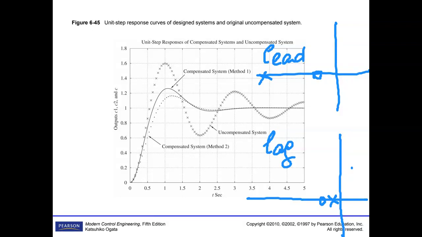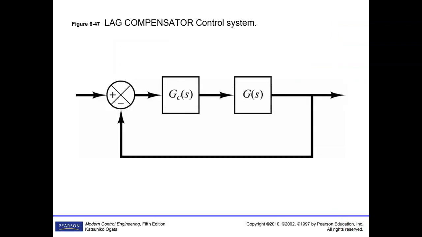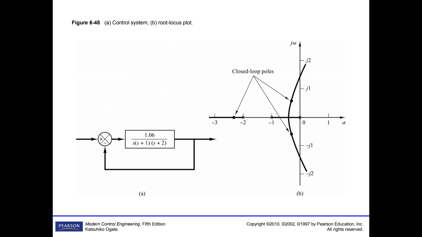Finally, for the lag compensator, we have seen that we are quite happy about these 2 points. Then we are going to improve the steady state error. Then you are going to add a 0 here, almost 0, almost to the origin.